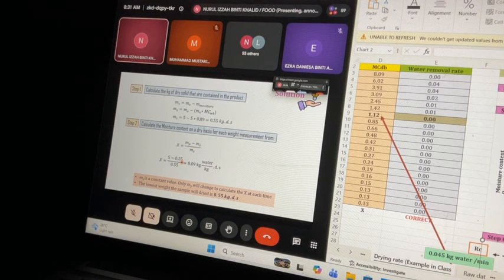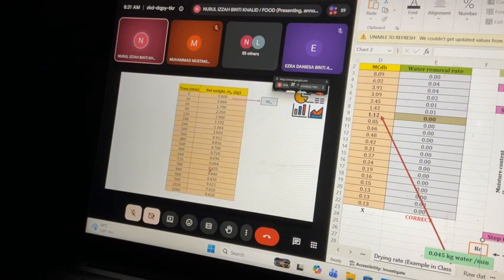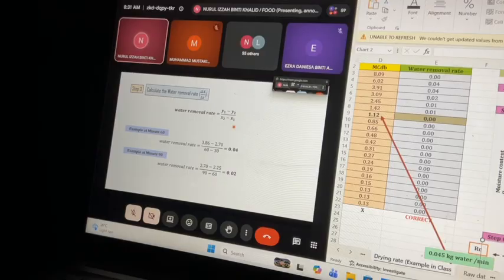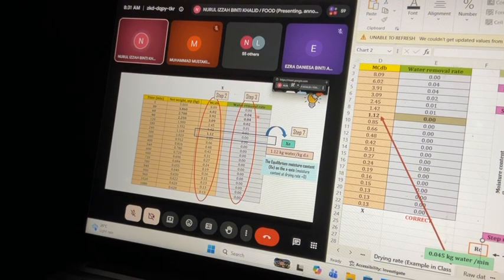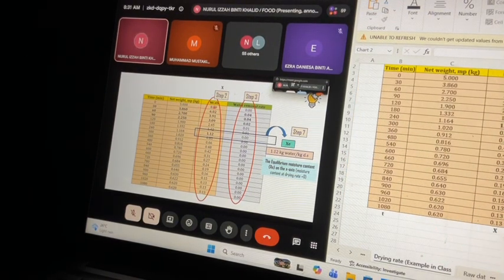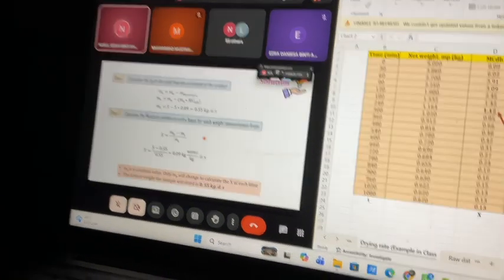Here X is 5 minus the mass of solid, divided by the mass of solid. This is the initial moisture content dry basis at point 0. When you calculate the dry basis, it is 8.09, that's why you get this answer.